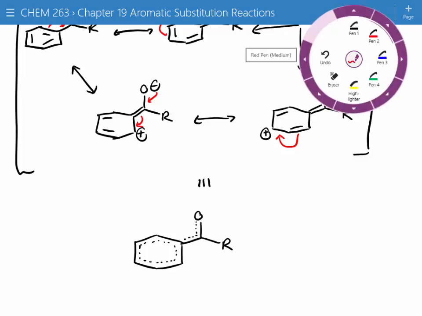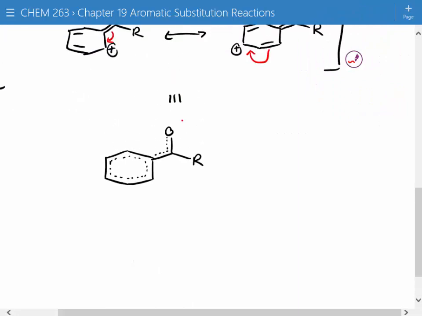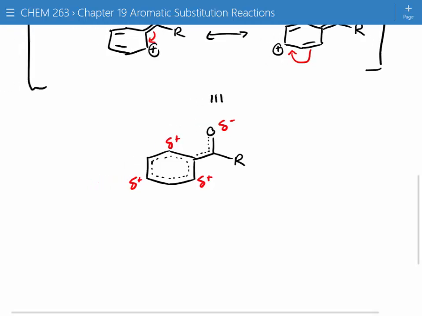If we think about where our charges are, the oxygen has a partial negative. We've got a partial positive in both ortho positions and in the para position. So if we're looking at our ring, it's very electron withdrawn, right? We're sucking electron density out of the ring.